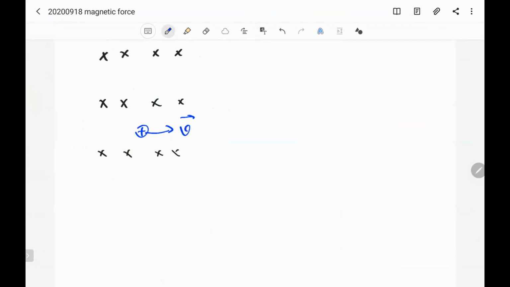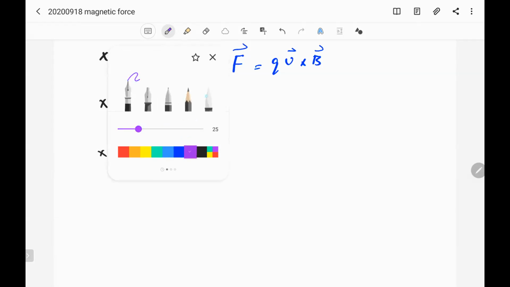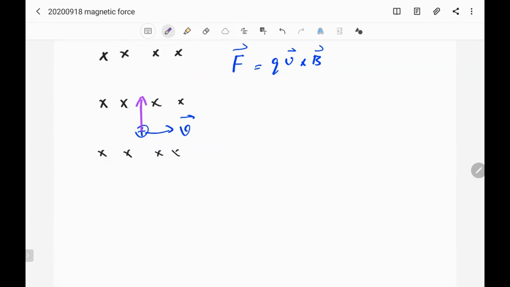According to the force equation, qv cross B, what's the direction of the force on the charge? So from v going to the magnetic field, I can determine the force goes up. Okay, so from this equation, we know force is always perpendicular to the velocity.